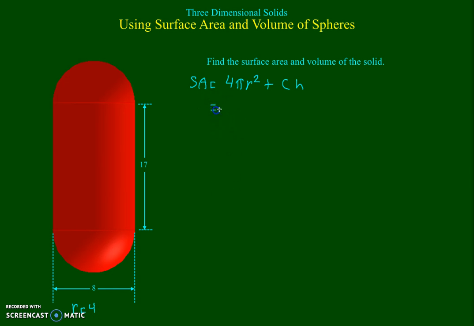That gives us a surface area of 4 pi 4 squared plus, now circumference is 2 pi r, so that's going to be 2 times pi times the radius, which is 4, times the height. And you can clearly see here the height of this cylinder is 17.